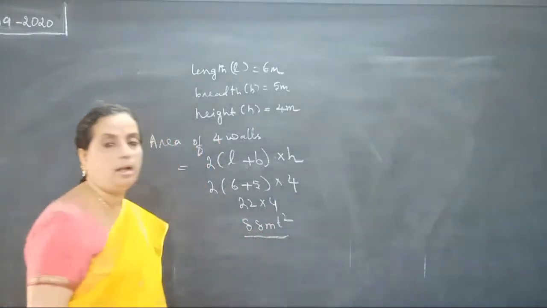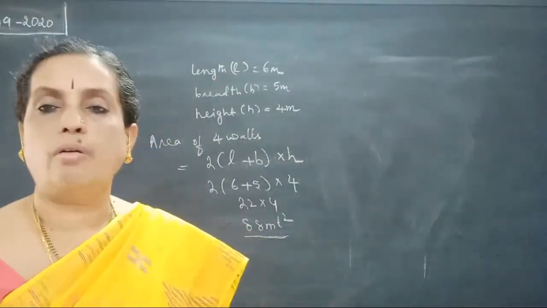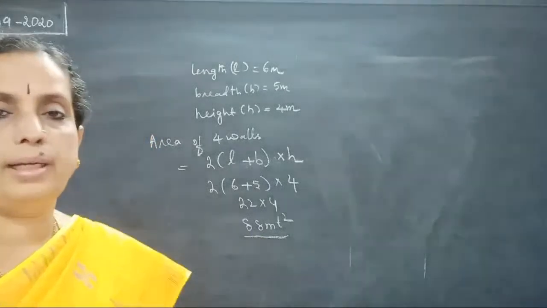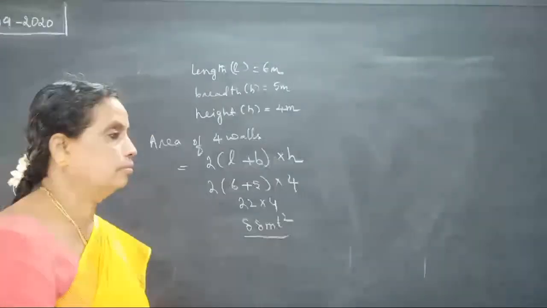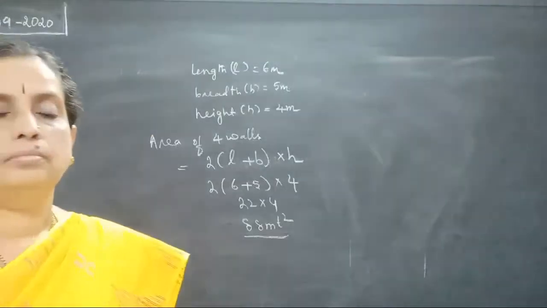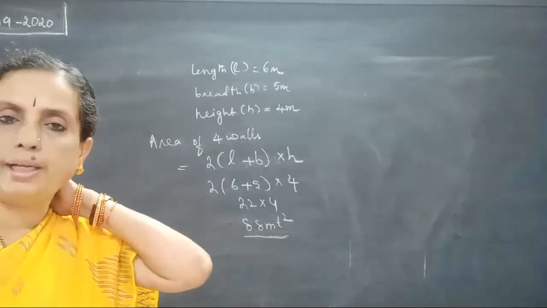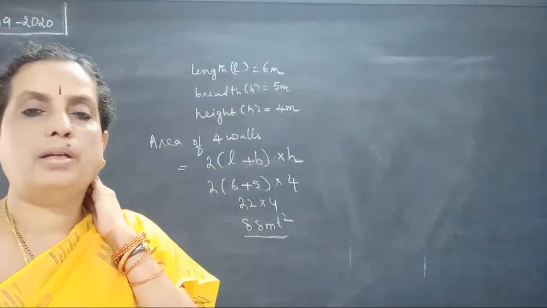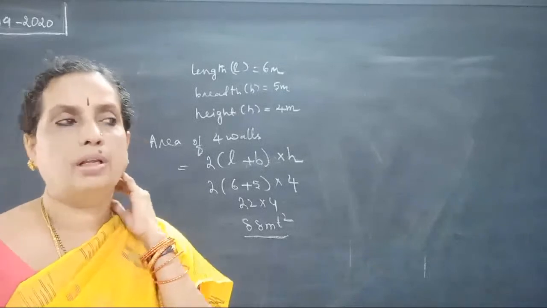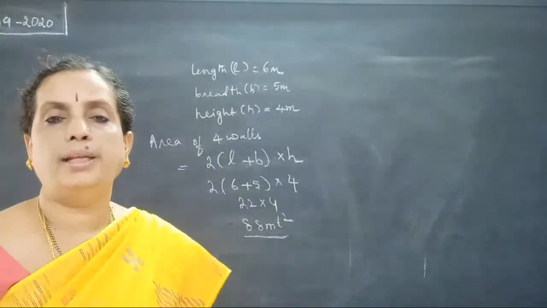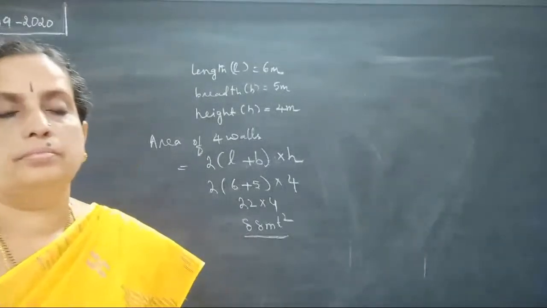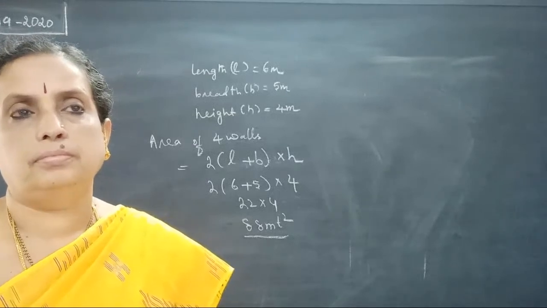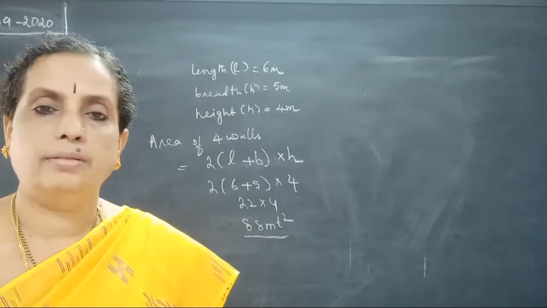Now, having the area, calculate the cost of whitewashing. 1 meter square costs 5 rupees. Calculate and give me the answer. Yes, after getting the total area of the 4 walls, you write 1 square meter costs rupees 5 for whitewashing. So the total cost is 88 into 5. Yes, 440 rupees. Is that clear?